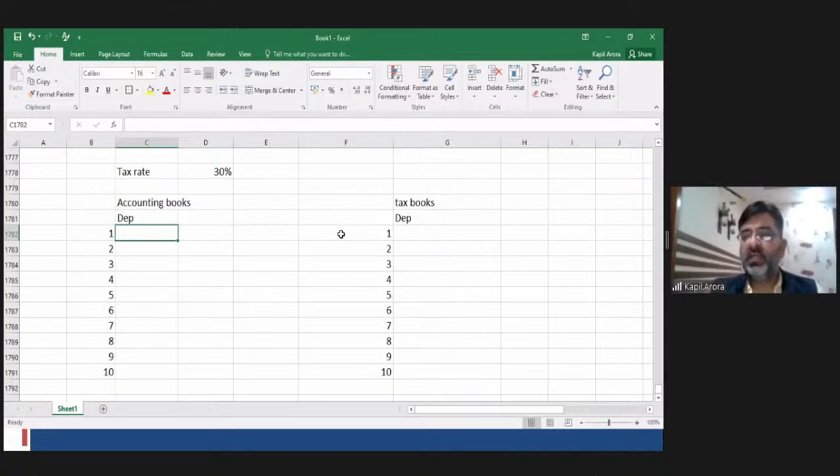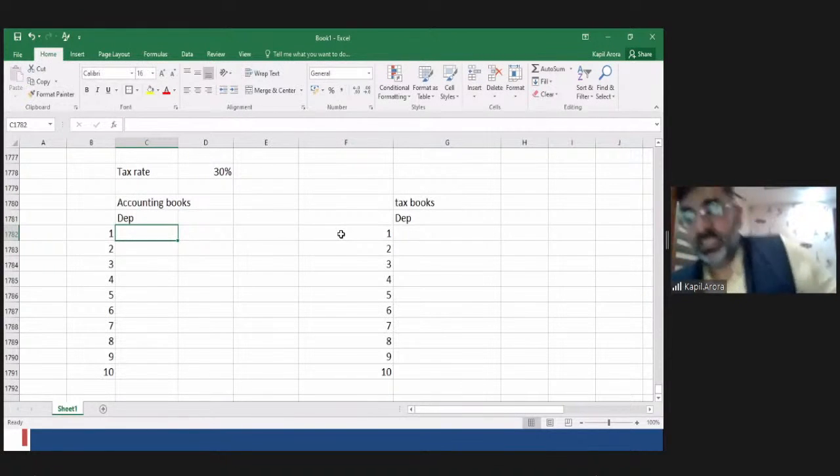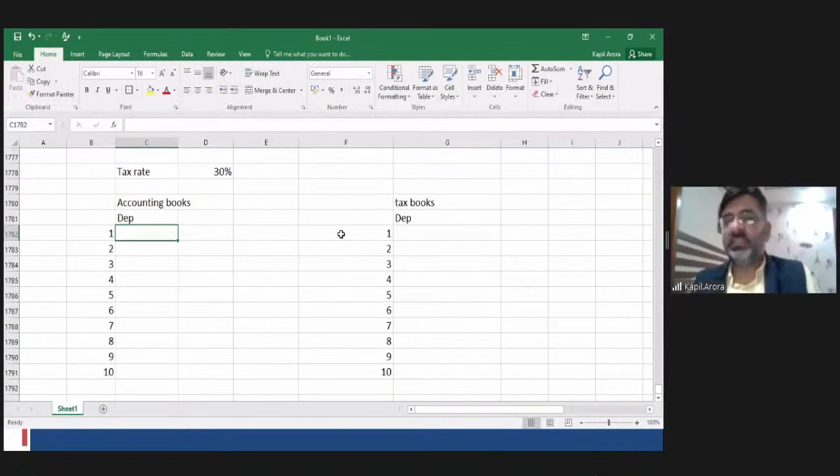What is going to be the accounting? We need to find out the profit, or basically the expense: the expense in the accounting and the expense in the taxes.